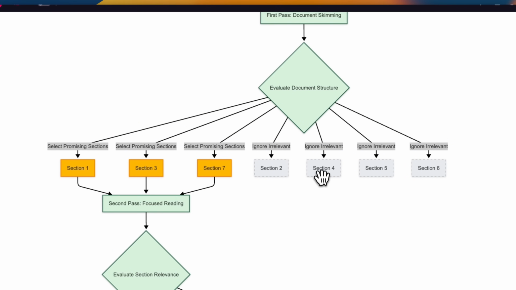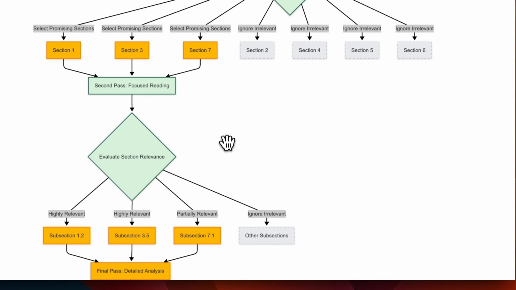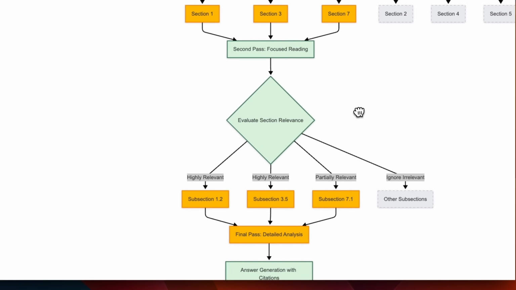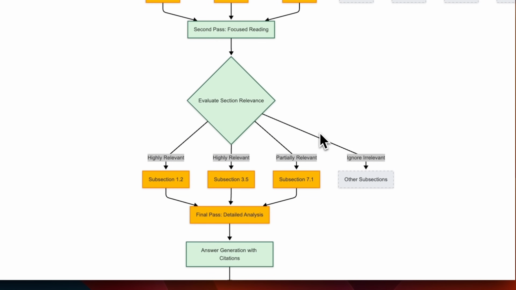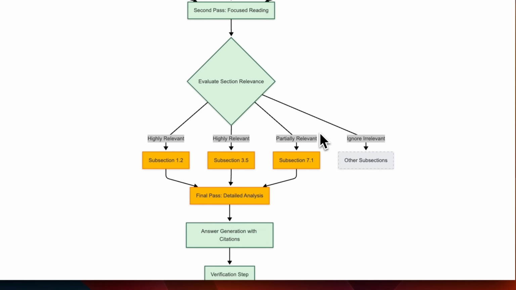So you're going to be able to simply discard a subset of the chunks or chapters just by skimming through the document. Then for the chapters or sections that are identified as relevant, we can repeat that same process again. We can divide each section into subsections. Then the system looks at each of the subsections and figures out, is it relevant or not at a high level? If it's not relevant, we discard it.